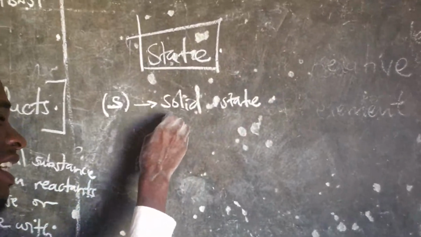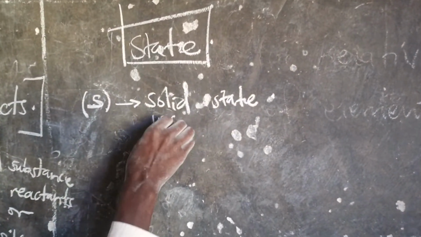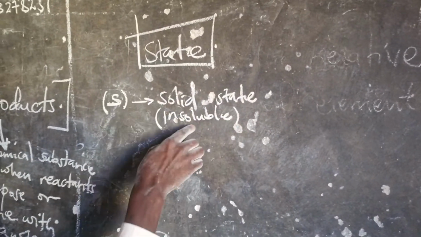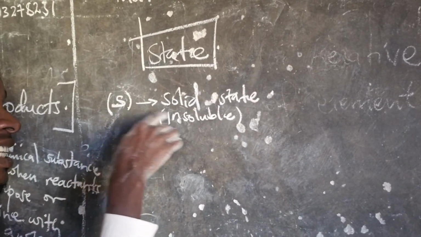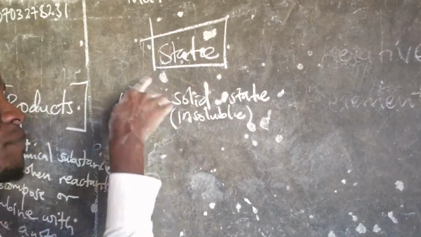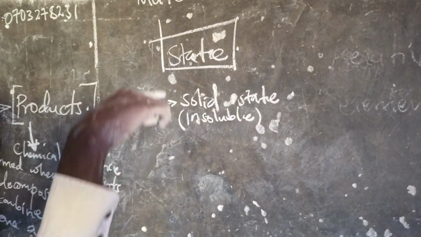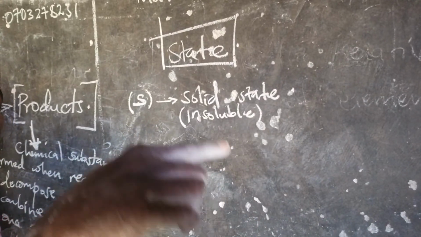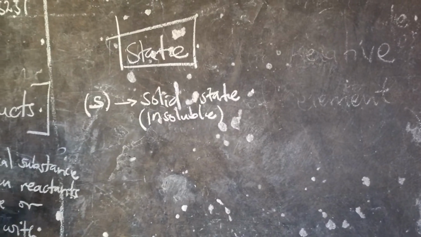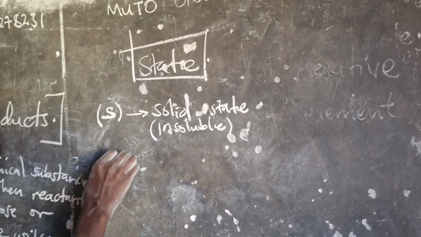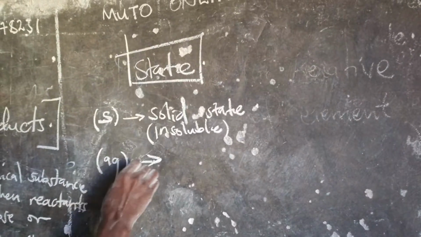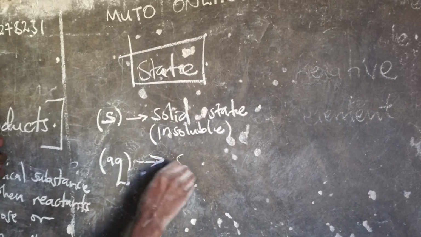If in solution, the substance is insoluble in the solution, the S will mean an insoluble substance. That means this substance will appear as a precipitate. A precipitate is a solution with suspended solids in it. A chemical substance may be represented as AQ in terms of state if it is soluble.